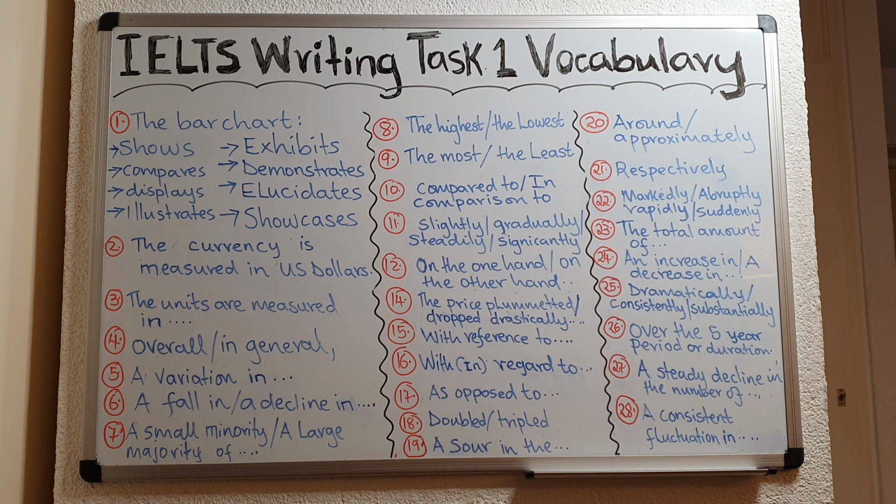Now, number 18, doubled. Now, when something has doubled, it means that it is twice as much. Let's say, for example, I give you 20 euros today, and tomorrow I pay you 40 euros.